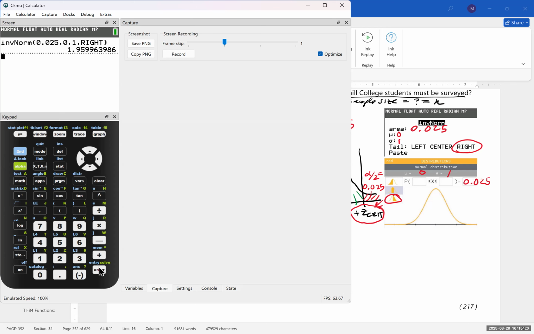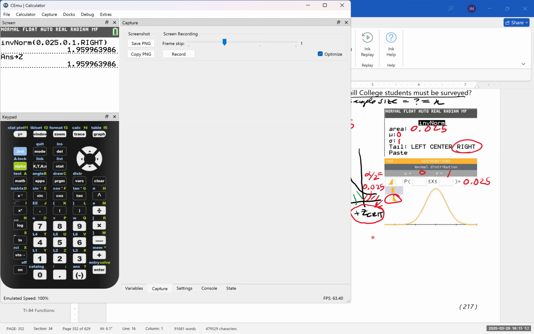Then enter. All right, now what I'm going to do is store this into variable Z. So I'm going to hit store, and then letter Z. I now need to hit the green alpha key so I can put Z there. Okay, so I'm storing that value into variable Z on the calculator to match the Z score.